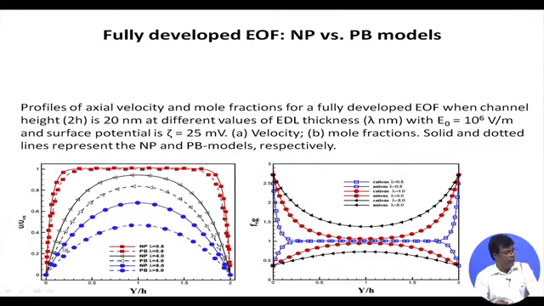So what do you find? A kind of parabolic profile is occurring. Also, if you see the distribution of ions, this plot conveys some important information.